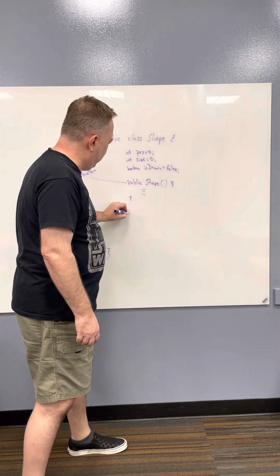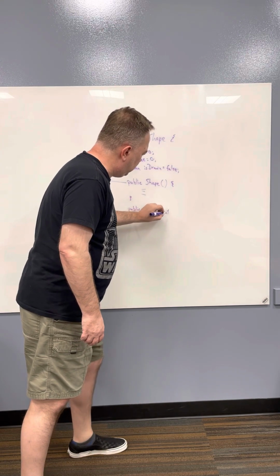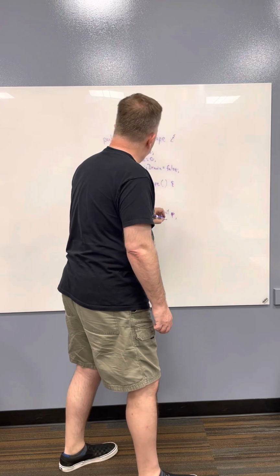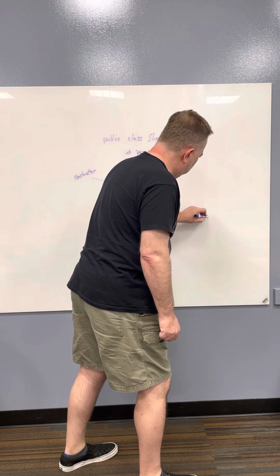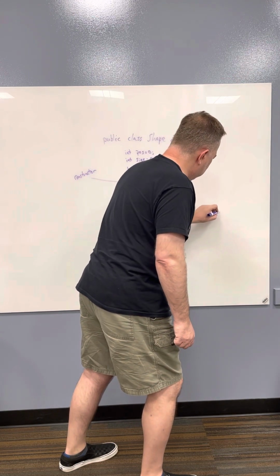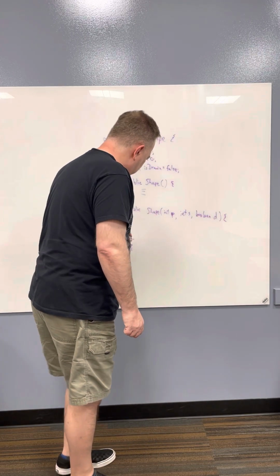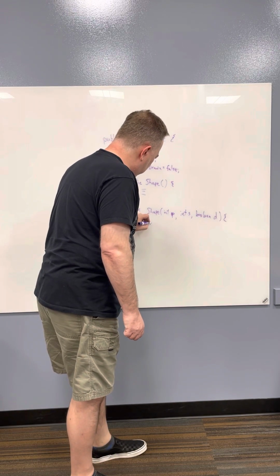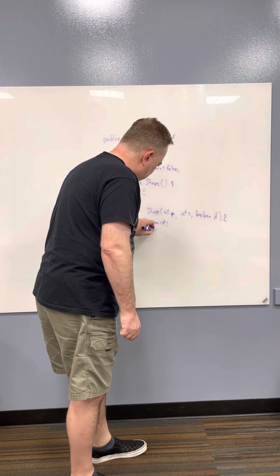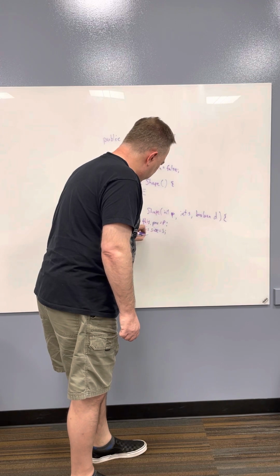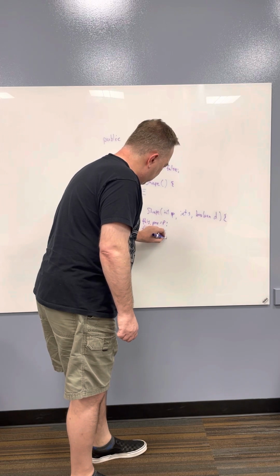Okay, I can have public shape int p, int s and boolean, I'll just say d. Okay, and then the implementation of this method would simply be this.position is equal to p, this.size is equal to s, this.isDrawn is equal to d.